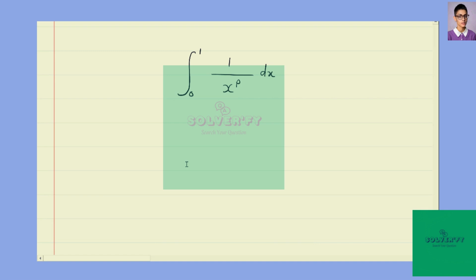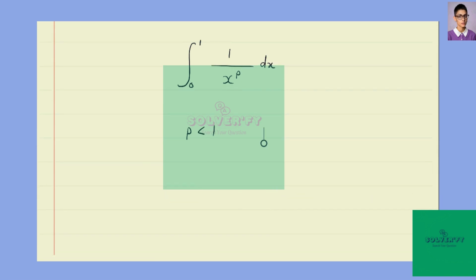So we are looking at p that is less than 1. For example, if we have a p of negative 1, the whole thing here becomes x to the power 1.